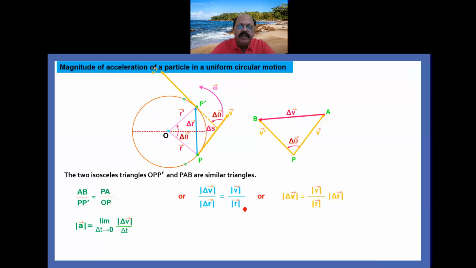Then the acceleration, we know that mod of acceleration A equal to limit delta t tends to 0 mod of delta V upon delta t. Now substitute the value of mod delta V in this equation. So what you will get? Mod of A vector equal to limit delta t tends to 0 mod of V vector upon mod of R vector into mod of delta R vector upon delta t.